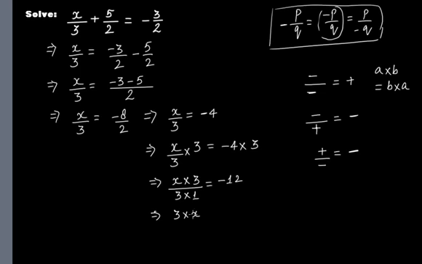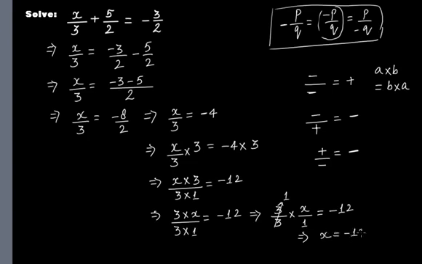So 3 times x divided by 3 times 1 is equal to minus 12. If you solve it, you get 3 divided by 3 times x divided by 1 is equal to minus 12. 3 divided by 3 means 1. And this is x is equal to minus 12.